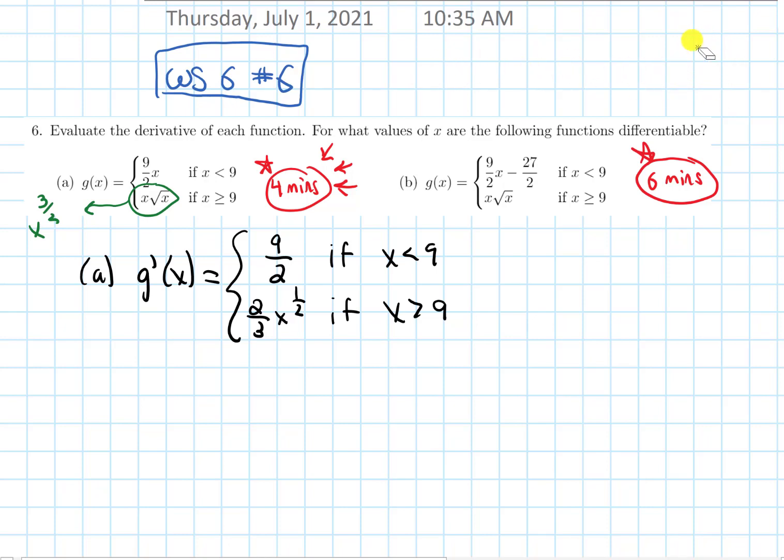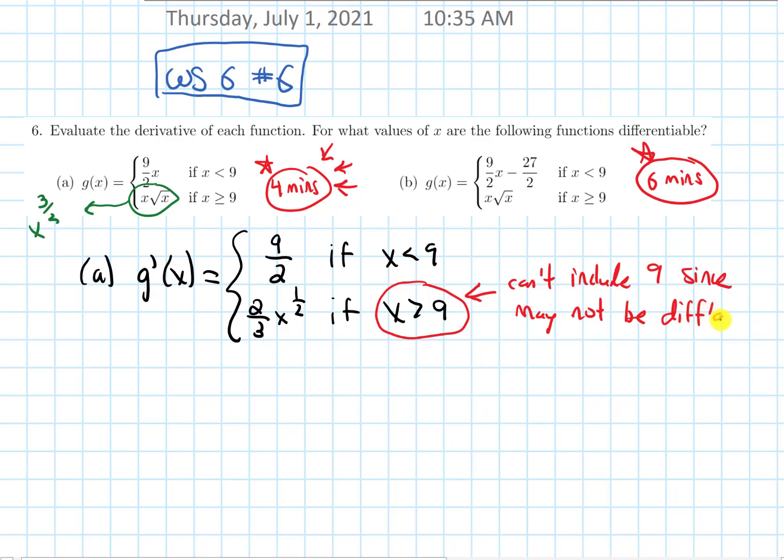Okay. So I know that may be a little bit confusing, but the key thing that I'm trying to say is I can't include 9, since our function may not be differentiable, which I'll abbreviate as diffable.